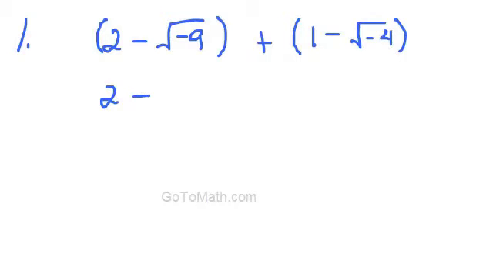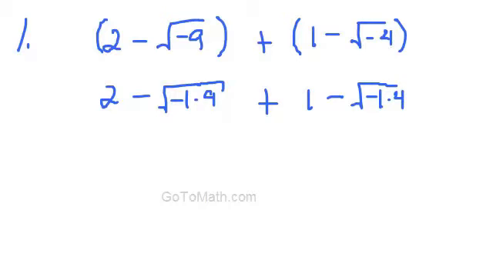Alright, so what's going on here? Well, we could look at it like this, that there's a negative 1 in here times 9, because 9 times negative 1 is just negative 9. Plus 1 minus, let's look at this one here. So we have negative 1 times 4.